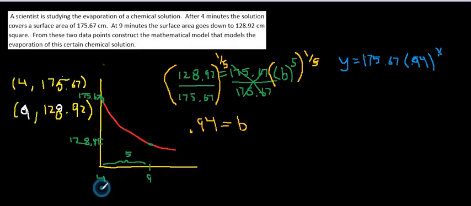So we want to change that 4 to 0, and what we want to do is move this function over 4 units to the right. So 4 would be about here someplace. That would be our new scale, and so we want to move this over 4 units.